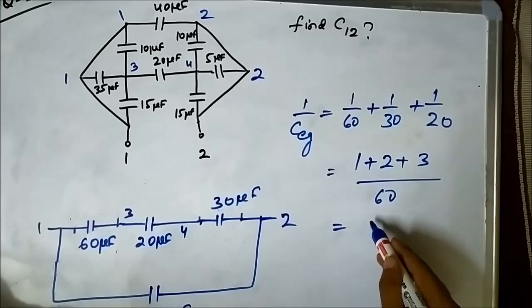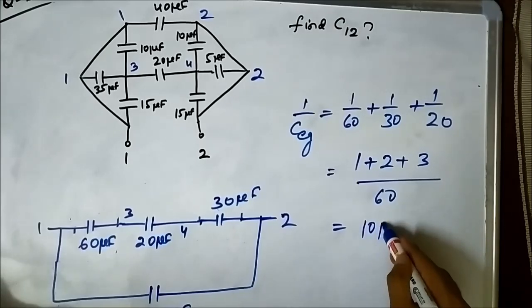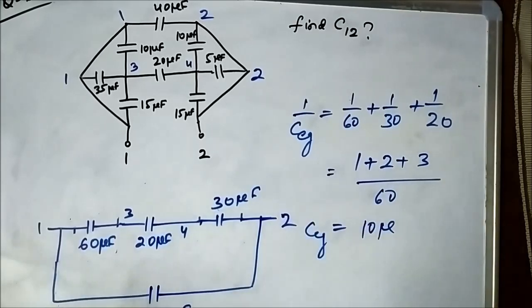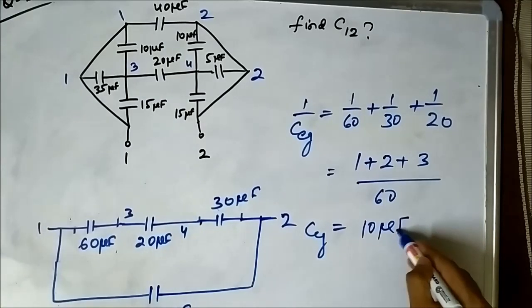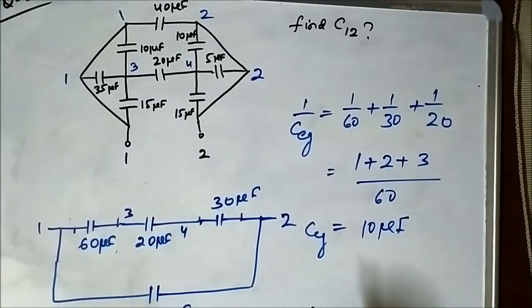6 by 60, which is 1 by 10, so the equivalent capacitance will be 60 by 6, that is 10 microfarad.